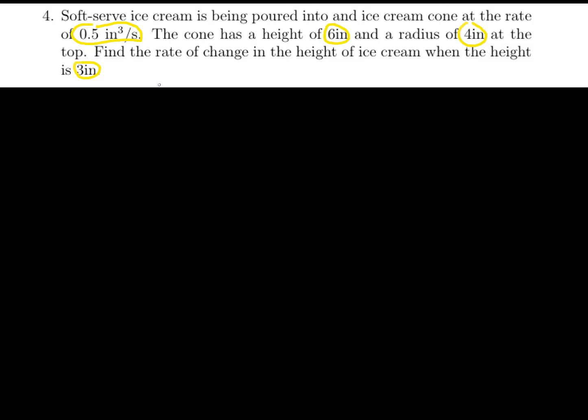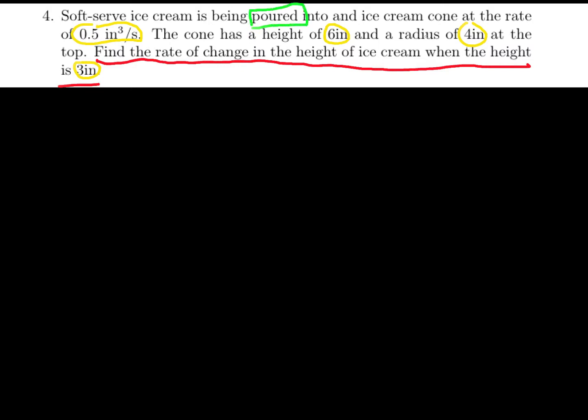Underlining our question, it is find the rate of the change of the ice cream when the height of the ice cream is 3 inches. And boxing our math terms, it's being poured.